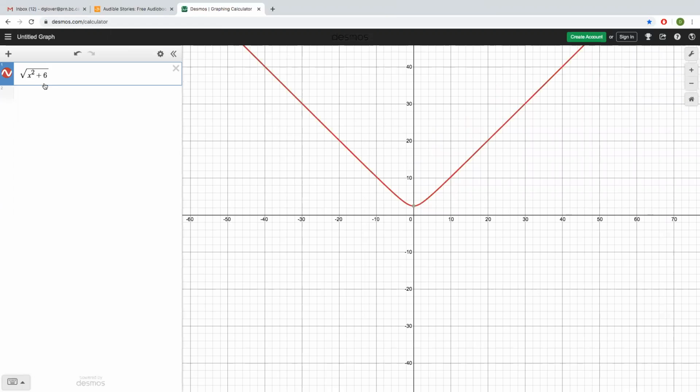But the question also is, are there any restrictions on x? If you look at the square root, x squared plus 6, that's never going to be negative because x squared can't make a negative and we're adding 6 to it. So there's no restrictions on x, and the range is that y is greater than or equal to 2.45.